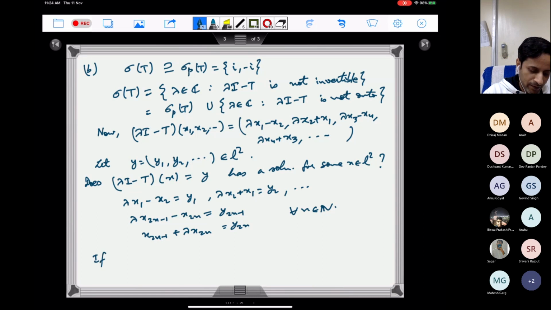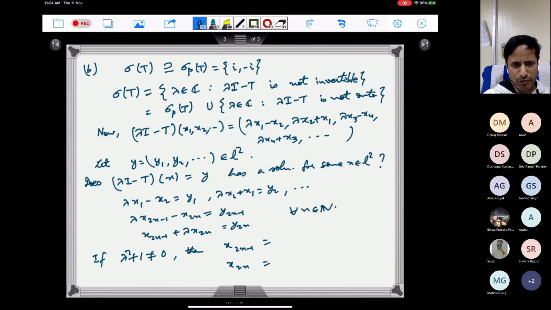So if lambda square plus 1 is not equal to 0, then I can solve this and find what x2n minus 1 and x2n are. This is just a 2 by 2 system you can solve.